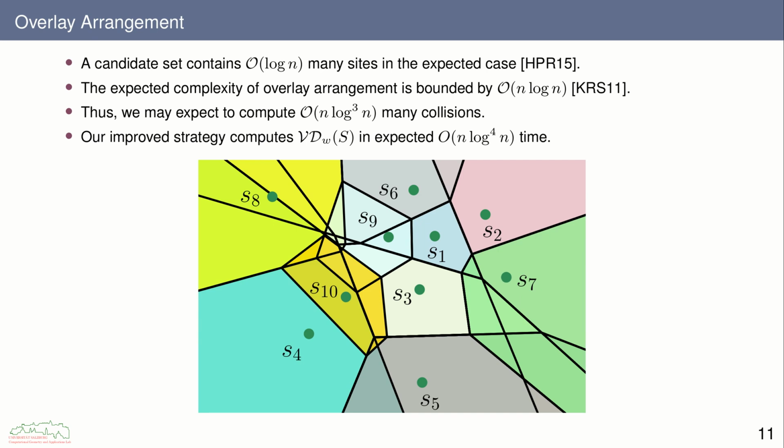As every moving vertex may be charged with at most constantly many arc events, we also get n log to the power 3 many arc events overall in the expected case. All of these events can be handled in log n time. Hence, our strategy is able to compute the multiplicatively weighted Voronoi diagram of capital S in n log to the power 4 n time in the expected case.